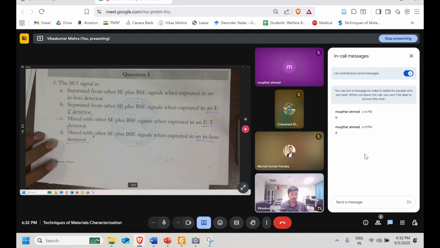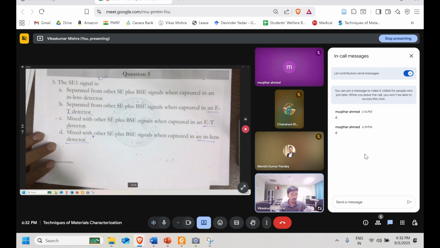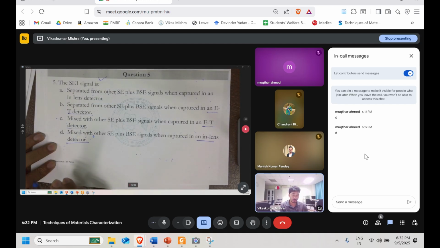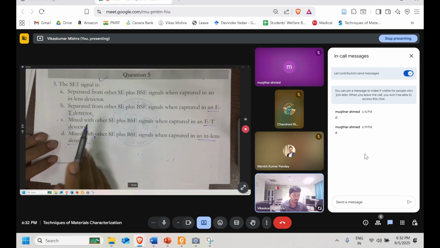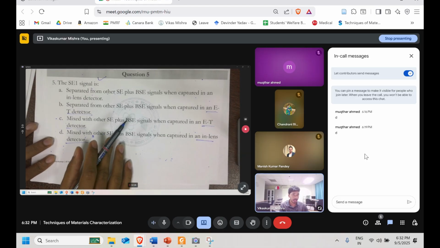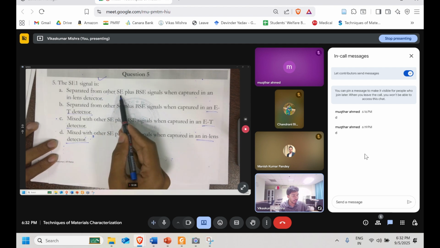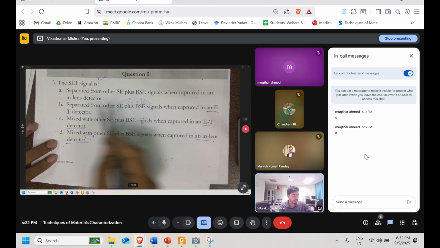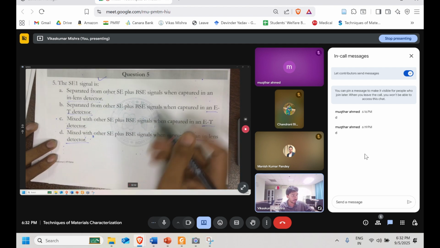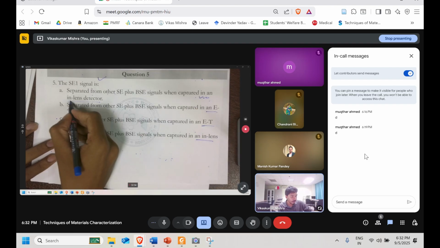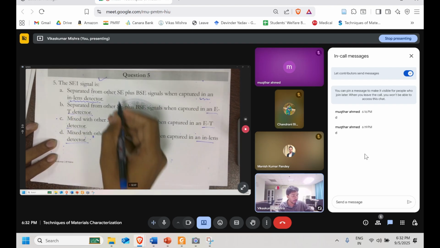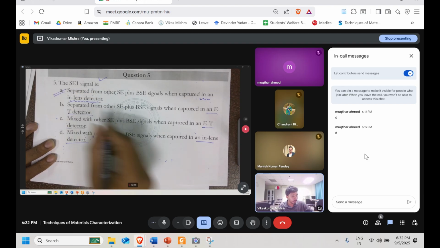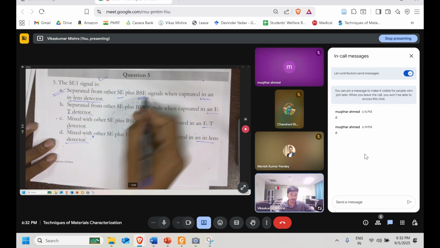Any idea, guys? So how can we separate SE1 from the other signals? Here the right answer is that it is separated from the other SE plus BSE signal when captured in the in-lens detector. If we are using the in-lens detector, then we will be able to separate it from the other SE and BSE signals.